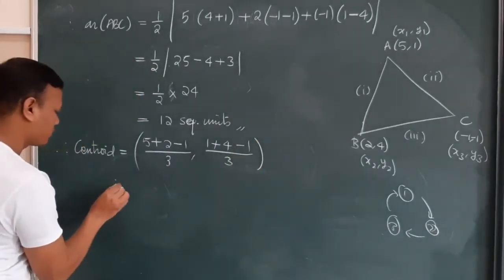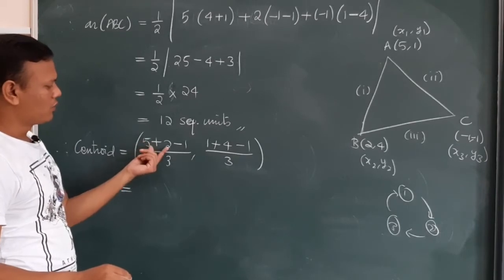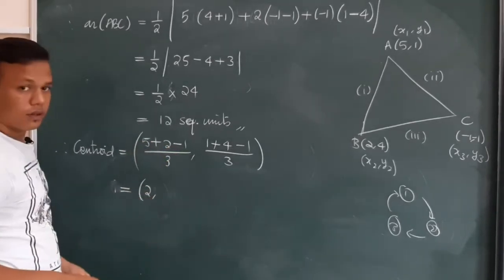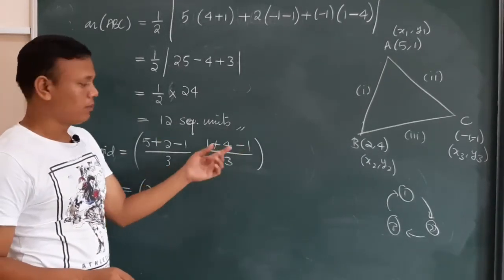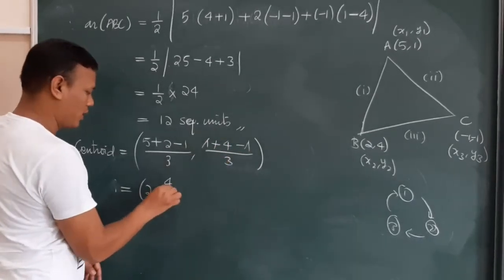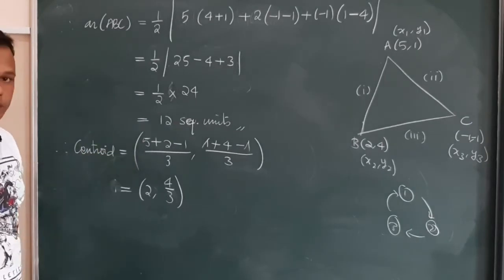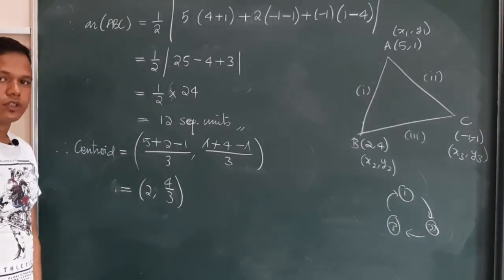So how much is this? This is 5 plus 2 is 7, minus 1 is 6, by 3 is 2. And how much is this? This is 5 minus 1, or you can cancel this too, so this is 4 by 3. So your centroid for this particular triangle will be 2, 4 by 3. So you may pause the video to note down.